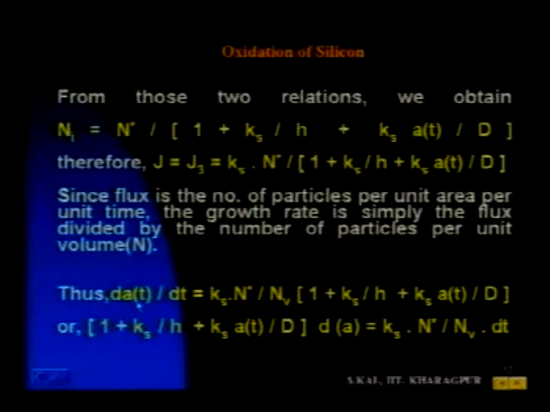So, the growth rate dAt by dt is given by Ks N star, this equation written here, divided by Nv, Nv is per unit volume, Nv into 1 plus Ks by h plus Ks At by D. That means this expression is given by Ks N star by Nv into dt.